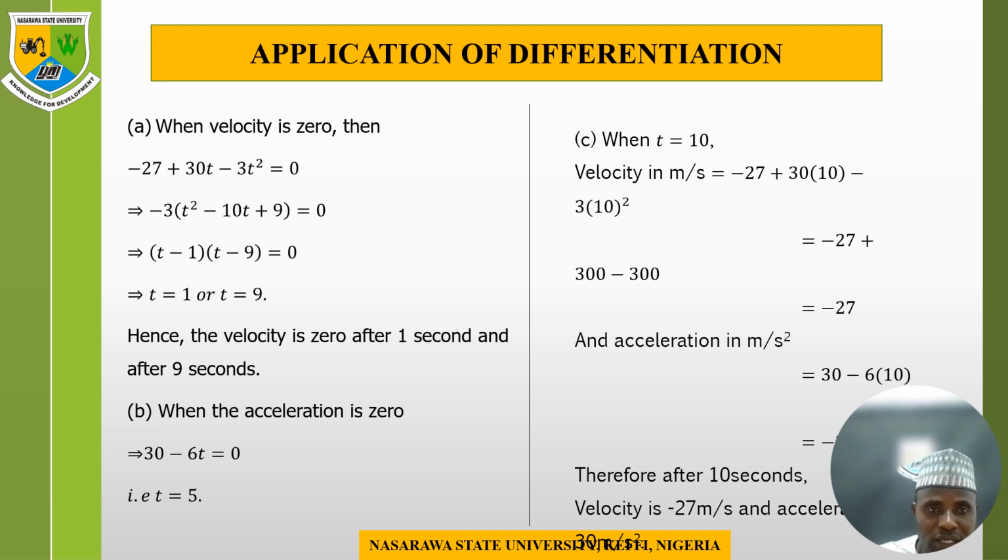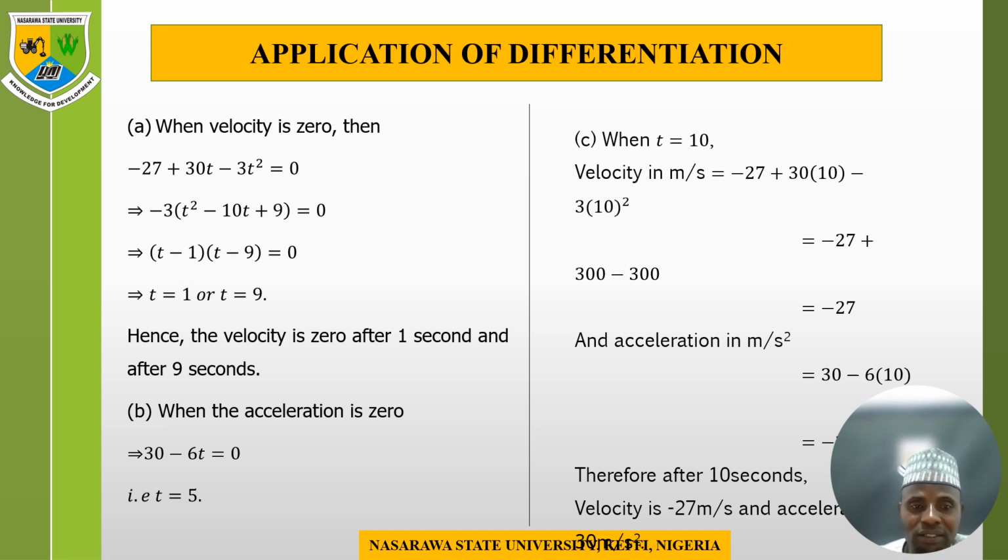At this point, it gives us a quadratic equation. Then you solve that quadratically in order to get your t. When you do that, we have t equals 1 and t equals 9. Hence, the velocity is 0 after 1 second and after 9 seconds.